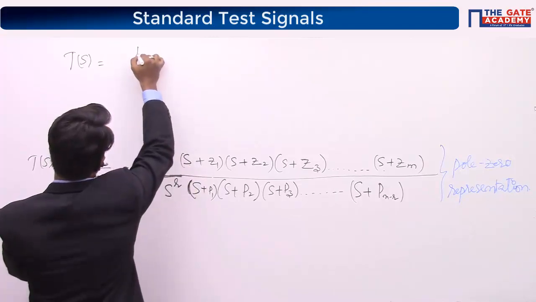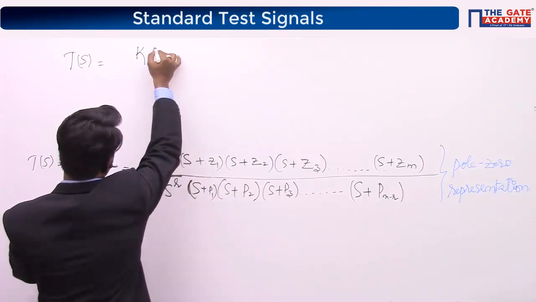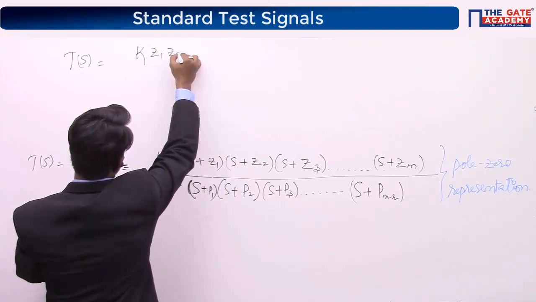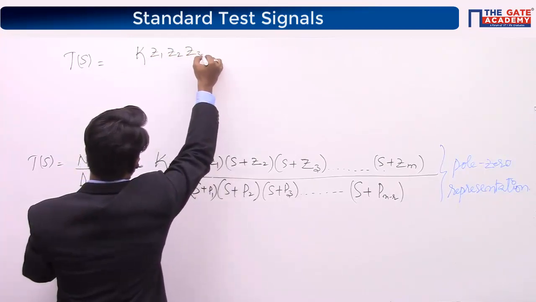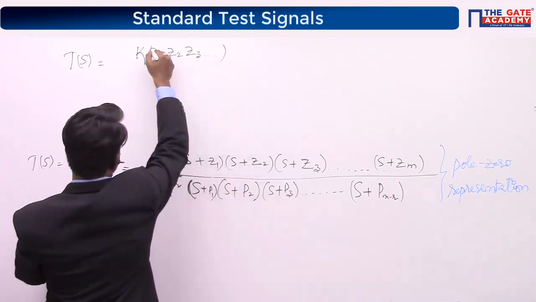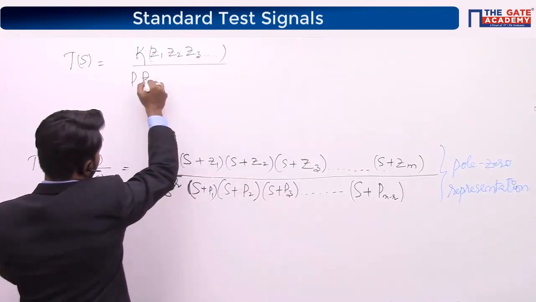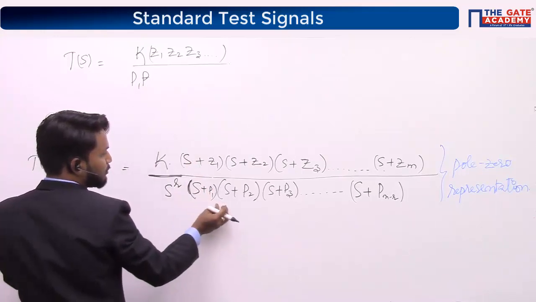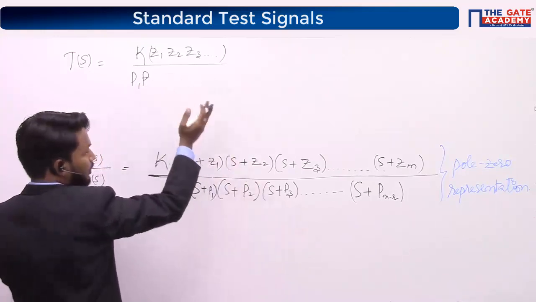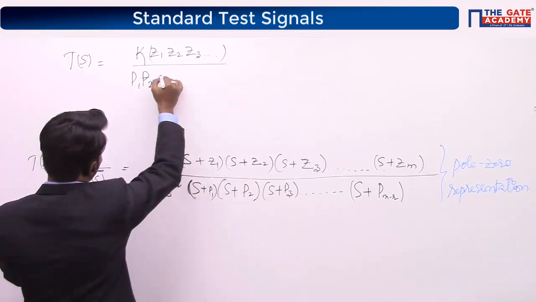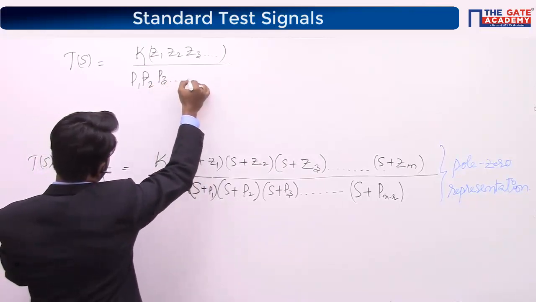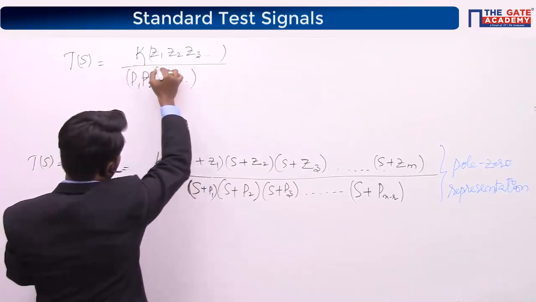So you will get K into Z1, Z2, Z3, and so on, divided by P1, P2, P3, P4, and so on, right?